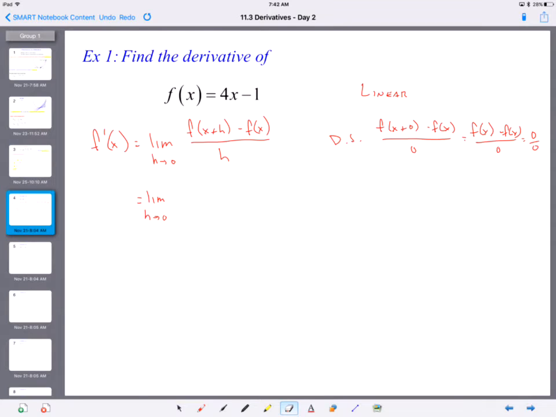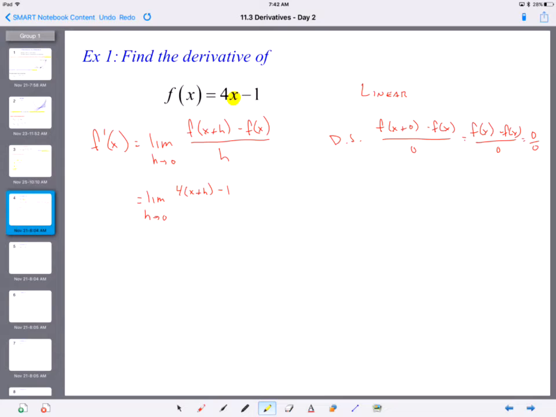So going back to the linear function, when it says f of x plus h, we're going to go up to this function, find that x value, and replace it with x plus h. So there's the x, let's replace it with x plus h. So it'll be 4 times x plus h minus 1. Just to make sure, this right here is the same thing as that.